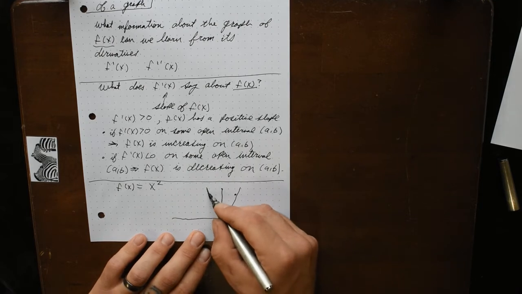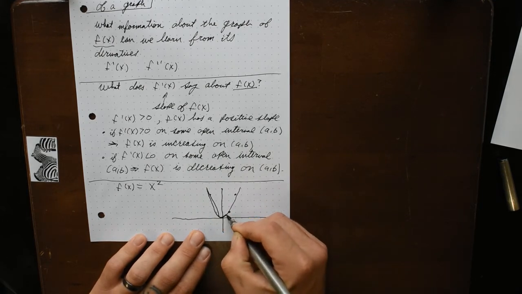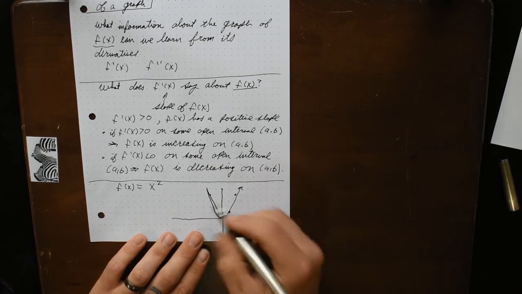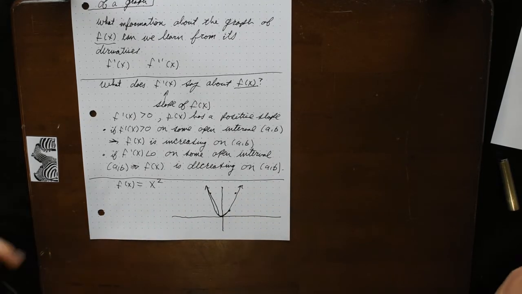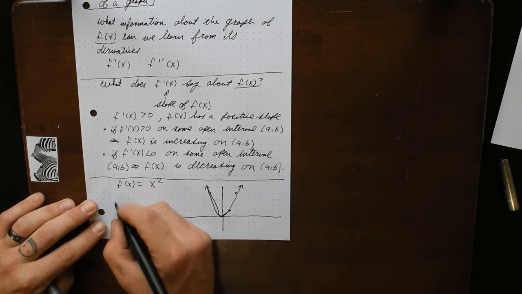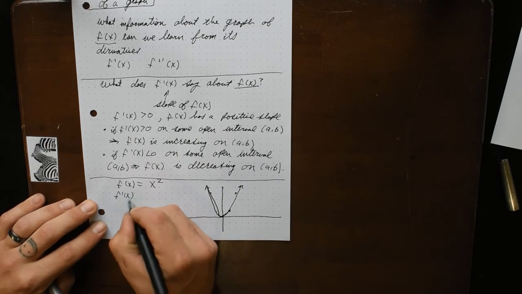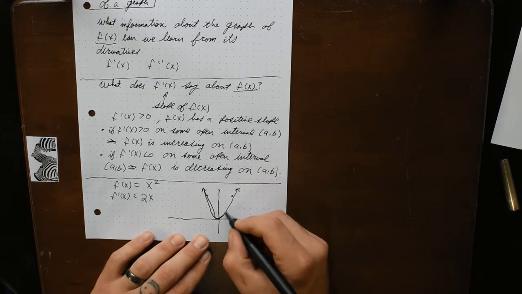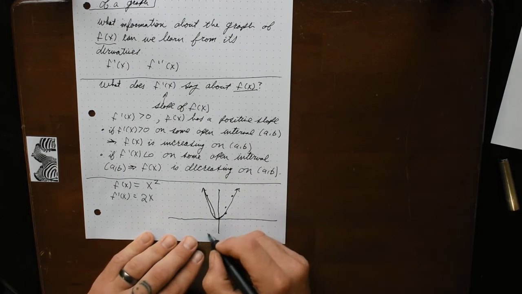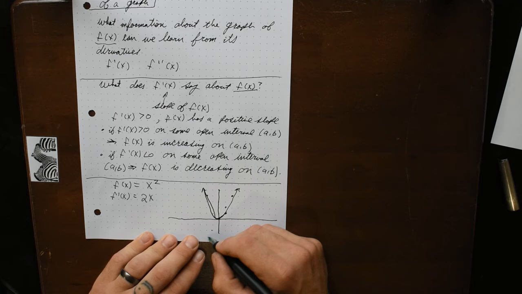I'm sorry, you guys. Something more like that with arrows on both sides. And now the derivative, f prime of x equals 2x, which looks like this, and we'd go through there.